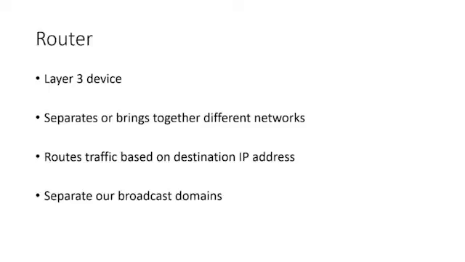The router separates or brings together, however you want to look at it, if you're a half empty or half full kind of person, different networks. You have a public network over here possibly, and on this side we have a private network. Well, we stick a router in there, remember that gateway of how we get our traffic out of our network out to the public network.